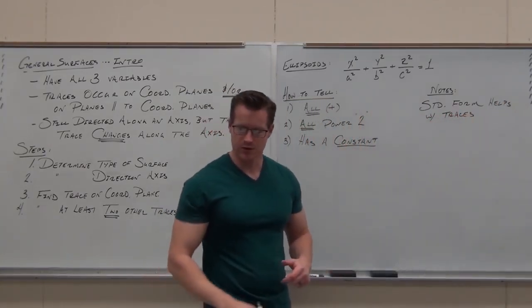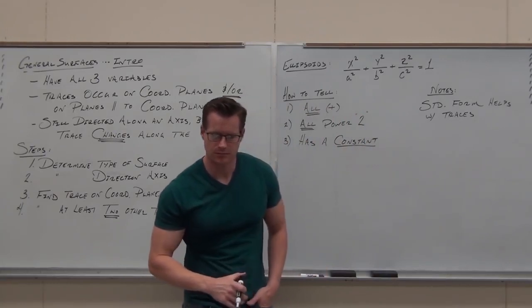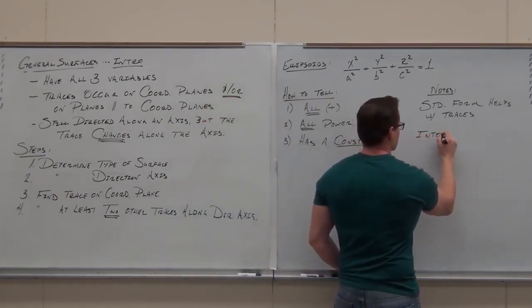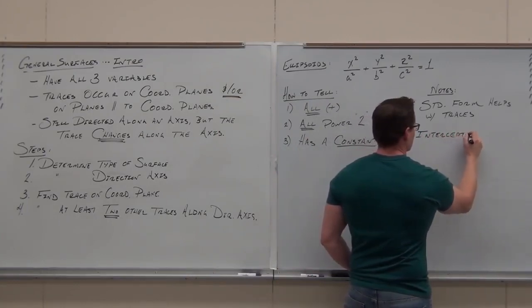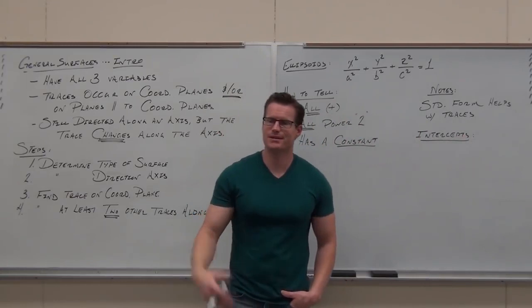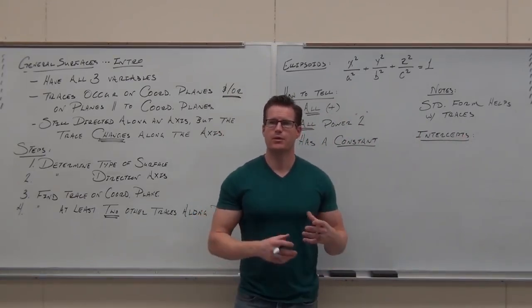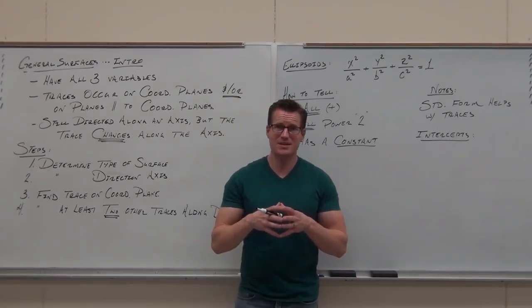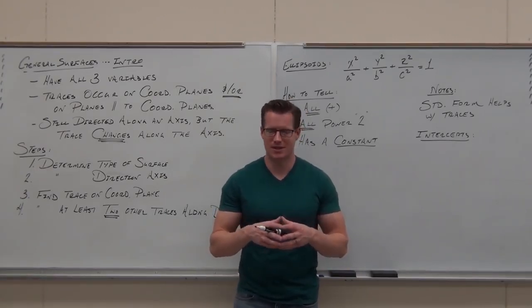And the last thing before we try our example: ellipsoids are basically an ellipse in 3D, which means that we can easily find our intercepts. Really, really easily find our intercepts.